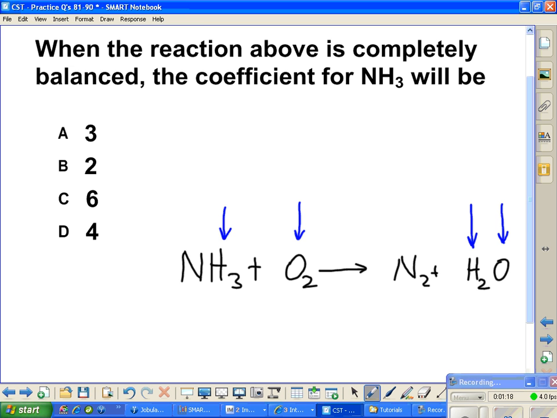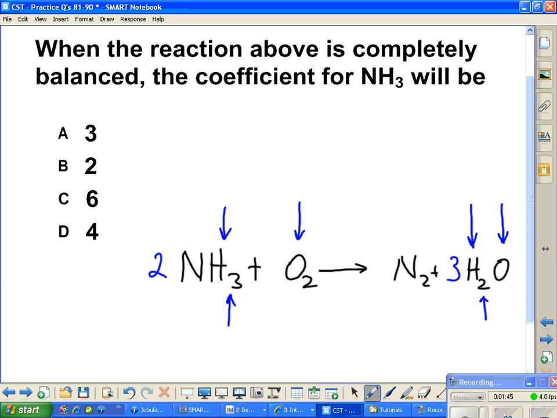One of the ways that I like to start is to take the subscript of this atom and put it over as the coefficient for ammonia on the left-hand side. Oops, not 3, 2. Now, the subscript of this hydrogen is going to become the coefficient over here.